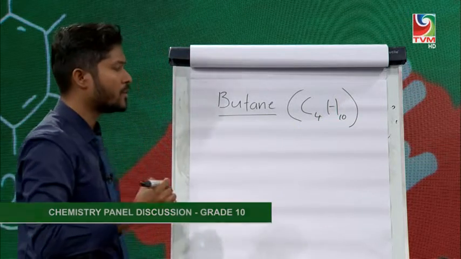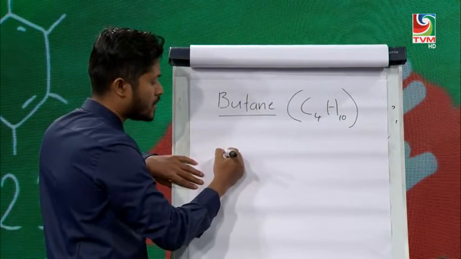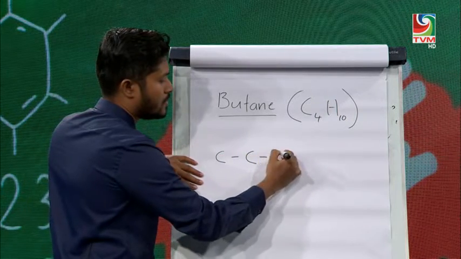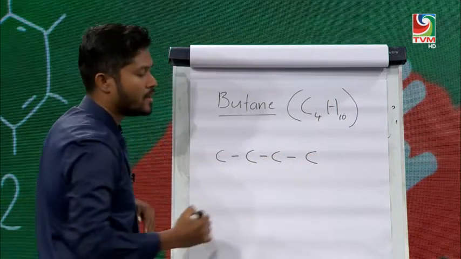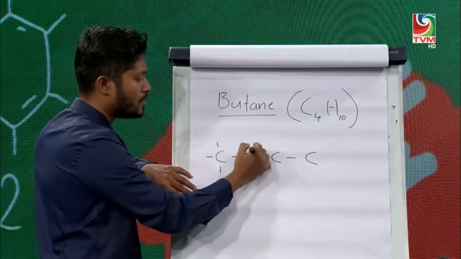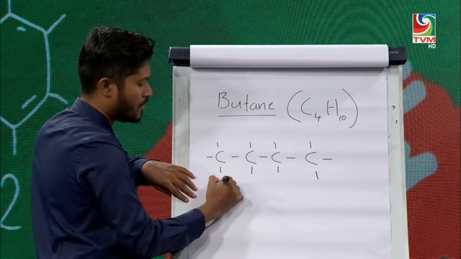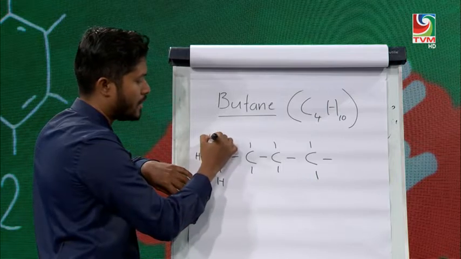This is the molecular formula of butane. And if you draw the linear structure, you will have 4 carbon, each carbon single bonded to hydrogen in this manner.